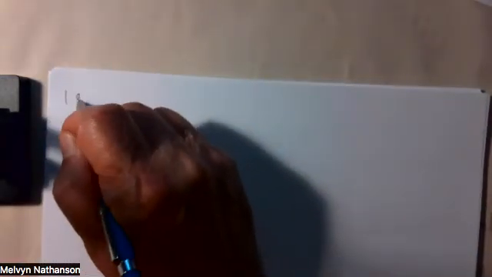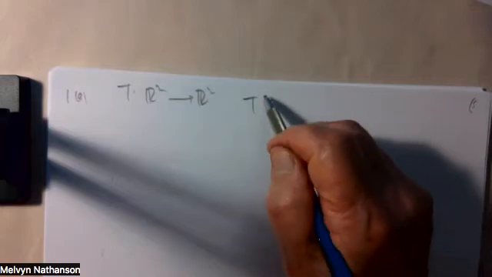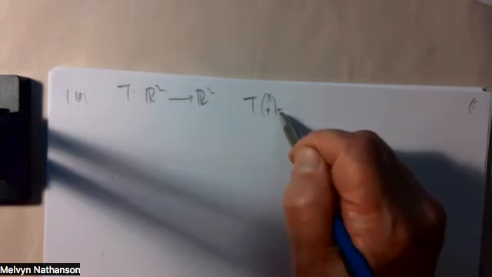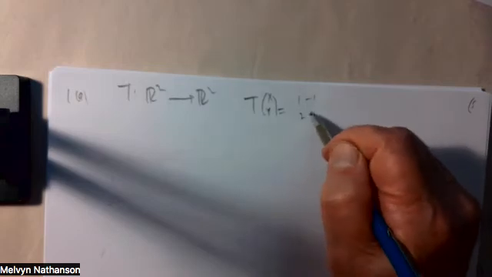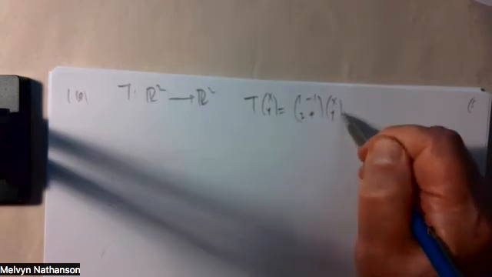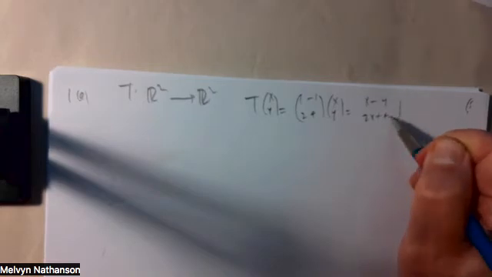So let me say exactly where we are again. We're still working on the same problem. We have T from R2 to R2 given by T of xy. It's this matrix 1 minus 1, 2, 4 times xy, which is x minus y, 2x plus 4y.